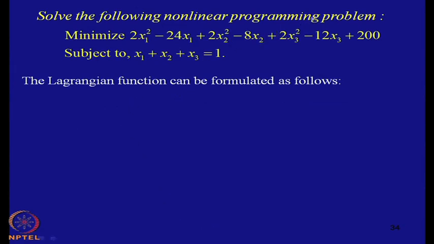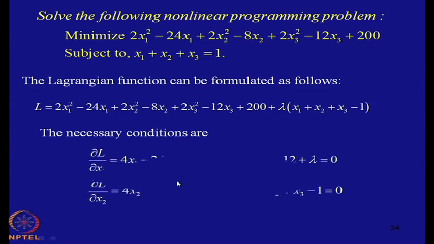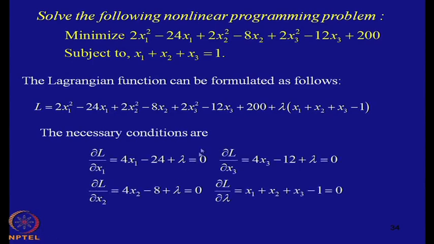Now, let us try to explain the necessary and sufficient conditions for the general nonlinear programming problem, where one constraint is involved which is of equality type. Let us formulate the Lagrangian function. Here the Lagrangian function would be the objective function plus lambda into the constraint. Again we are developing the necessary conditions by considering the first order partial derivatives of the Lagrange function and equating them to 0.